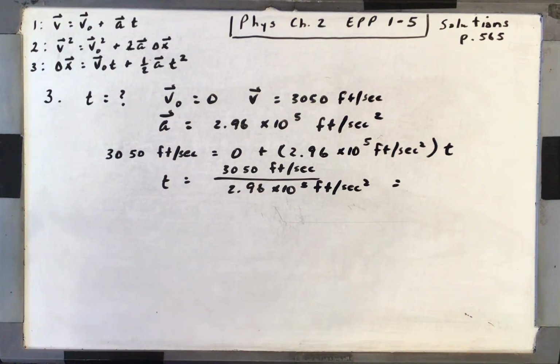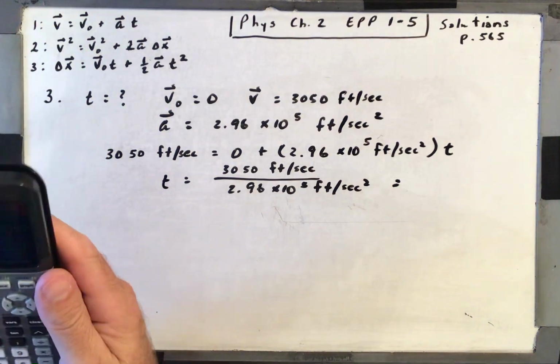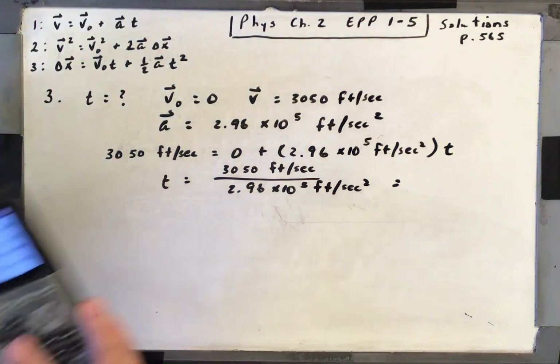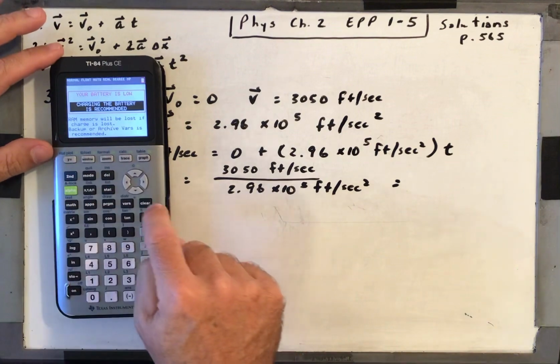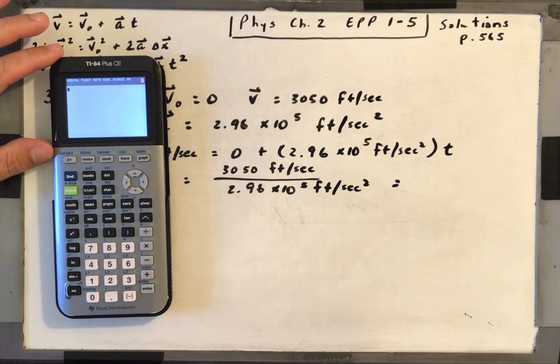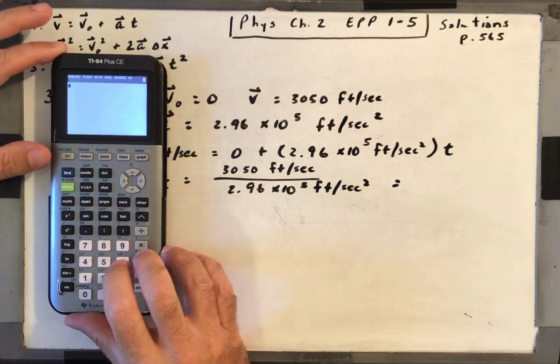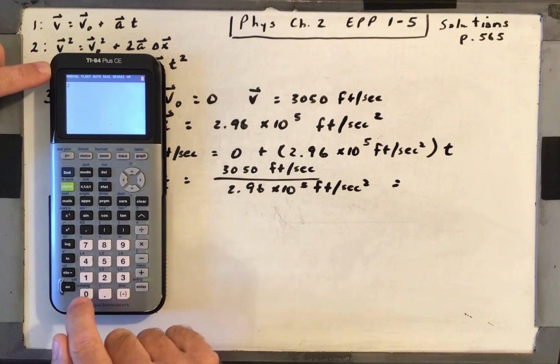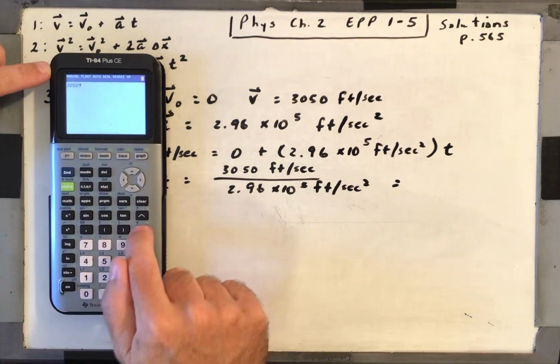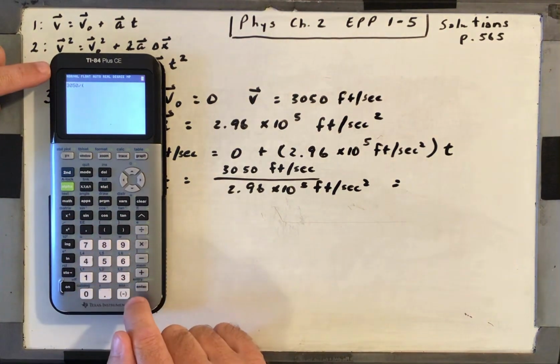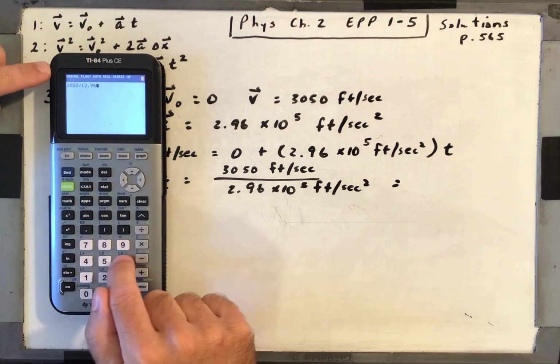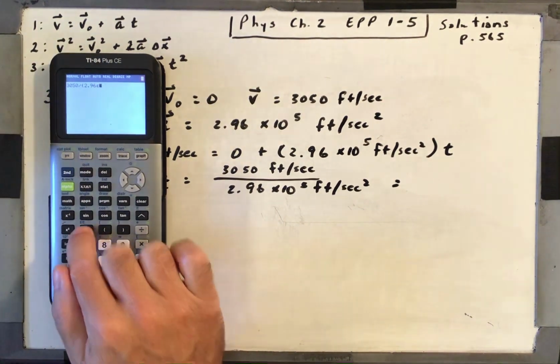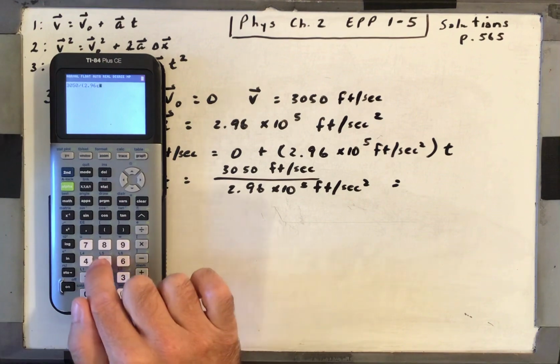All right, so just to make sure, in case you've not been doing a ton of scientific notation, looks like I need to charge my calculator up. So this would be 3,050 divided by, I'm going to put a left parenthesis, 2.96, second function double E, 5.